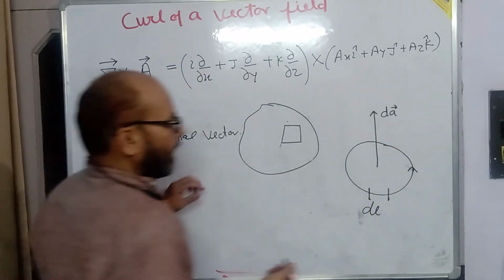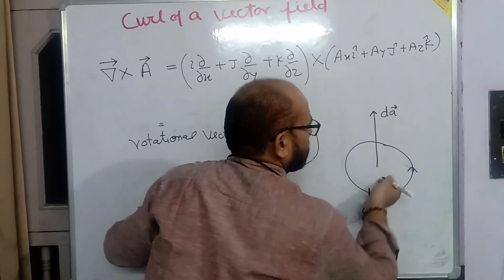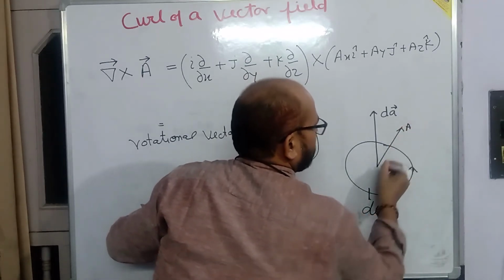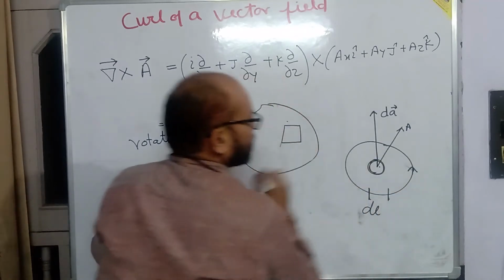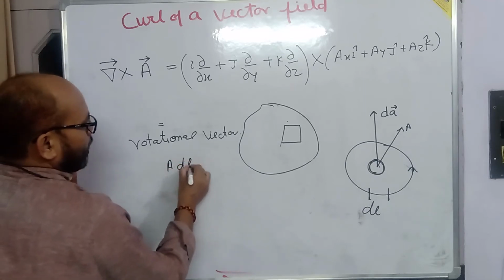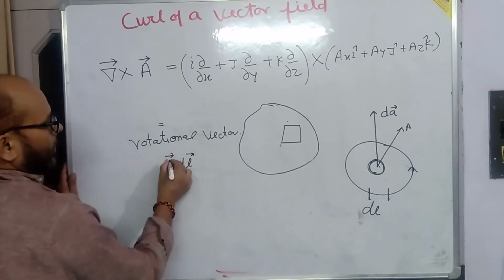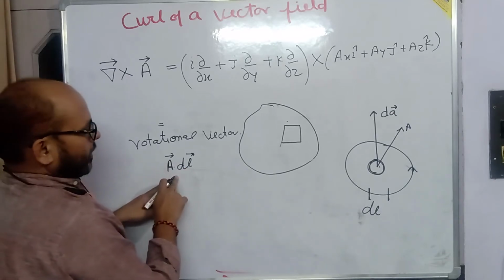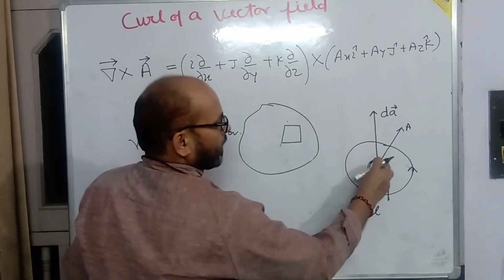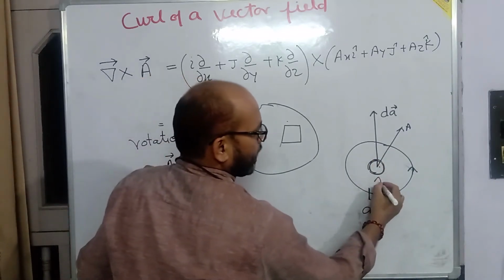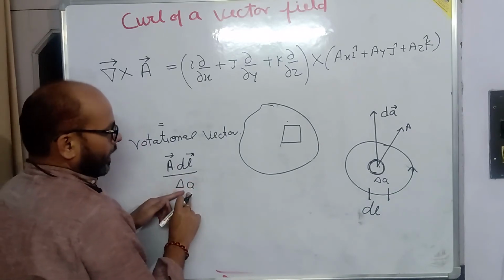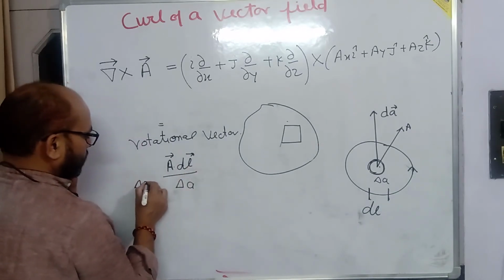The field vector A is also in this direction. To calculate this, take A dot dl, where A is the vector quantity and dl is the line element, and divide by the small area delta A, where delta A tends to 0.